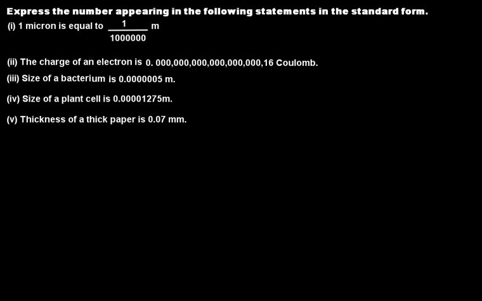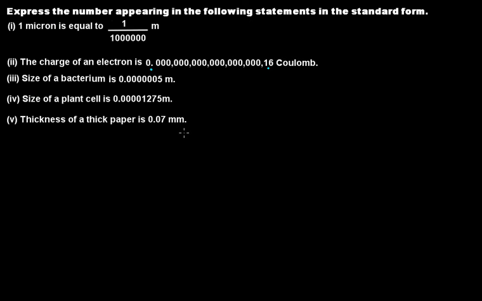Now we know that to change this number into its standard form, this decimal has to come after 1. And in order to do this, you have to cross over these 18 zeros, and this 19th digit is 1. So you have to move this decimal towards the right, and it has to cross over 19 digits.